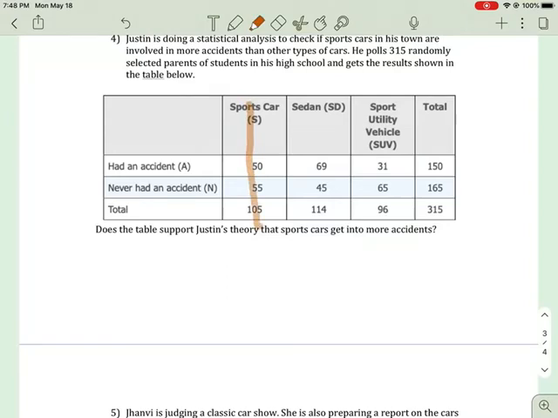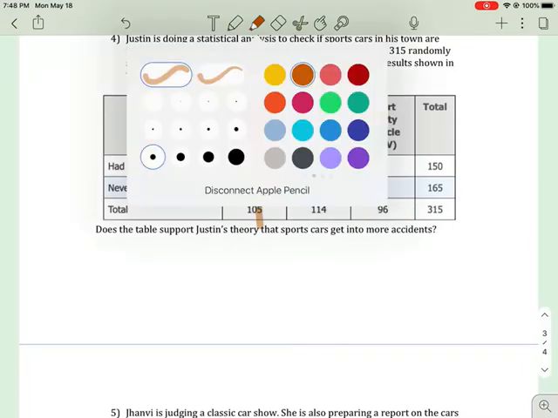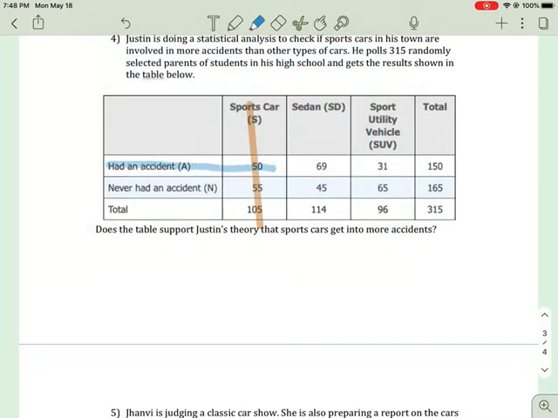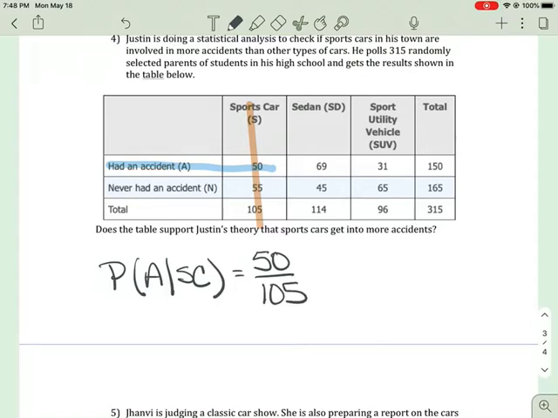Here they are. And to me that means get into more accidents. So does it have an accident? Let's write this as the probability of accident given sports car. So make that 50 out of 105.